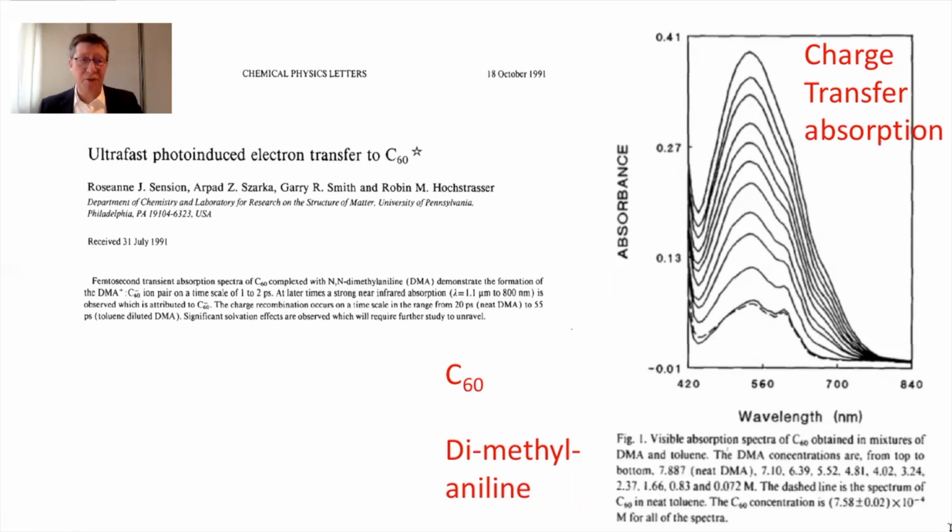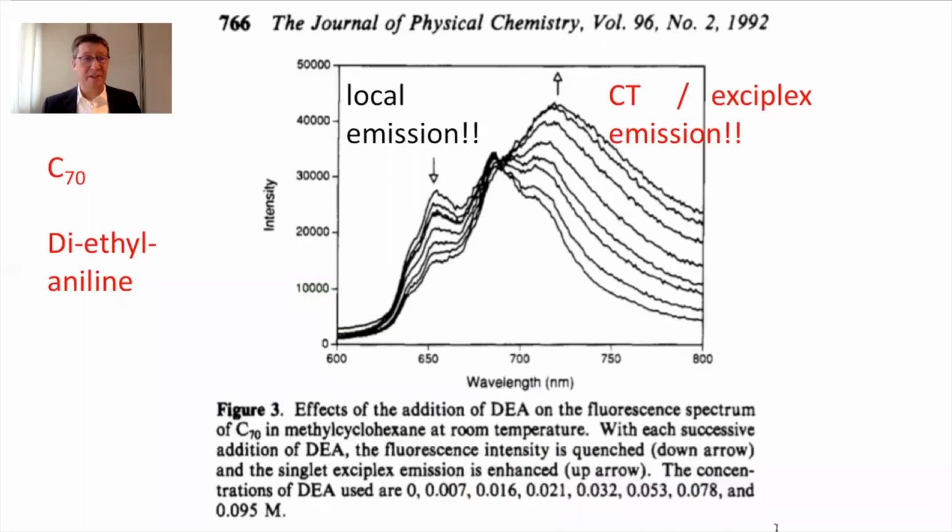The change of the absorption spectrum, so it is the charge transfer absorptions from very similar molecules, also for C60, but this example is actually for C70. You see that it can also show this exciplex emission. So in a non-polar solvent, if you add diethyl aniline into C70 solution, you see that the emission is first for C70 itself like this, let's say the lowest curve with this vibrational fine structure.